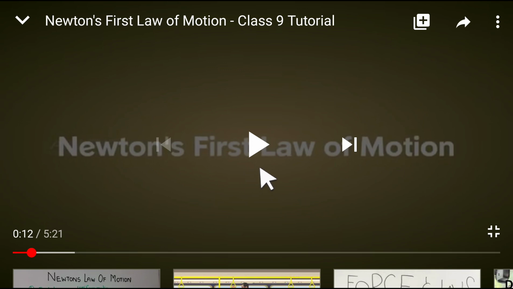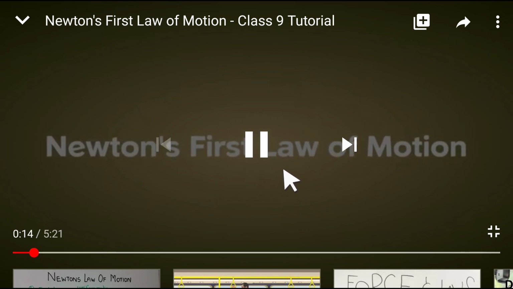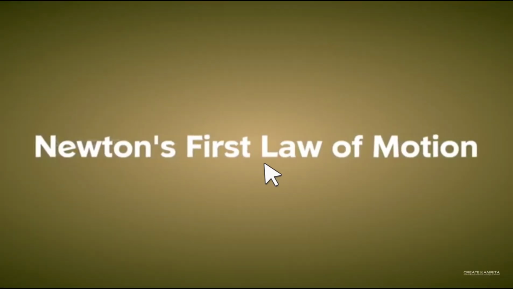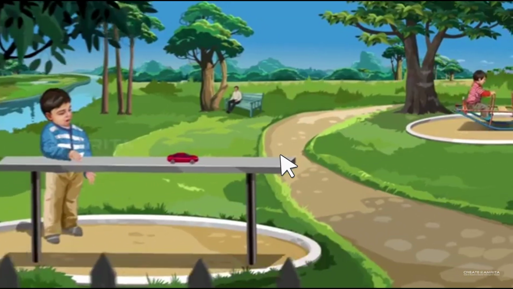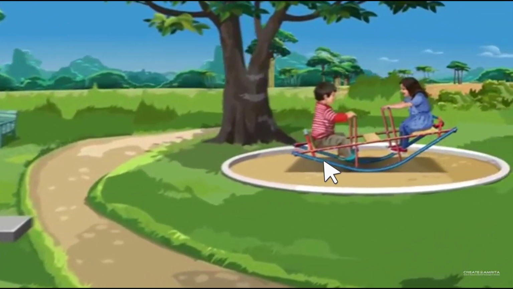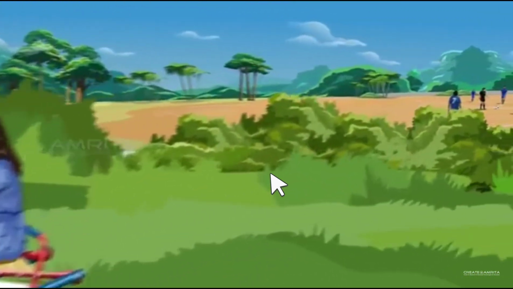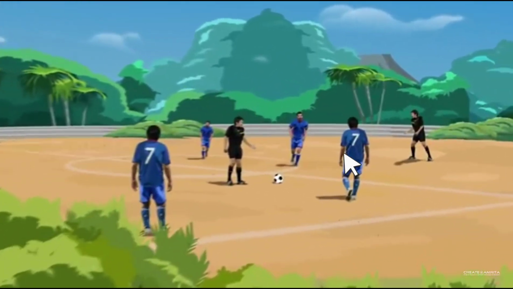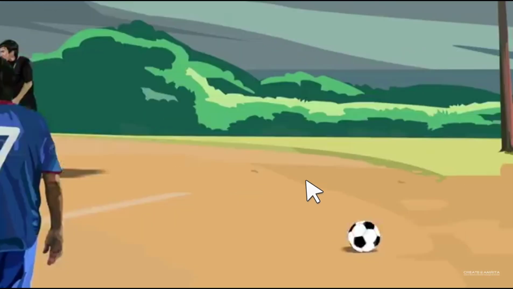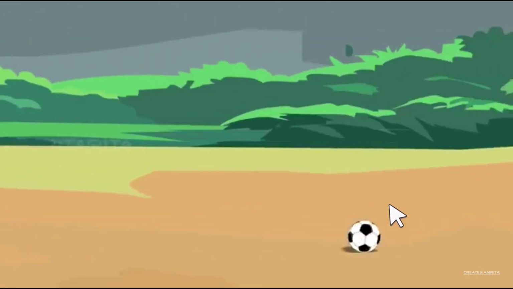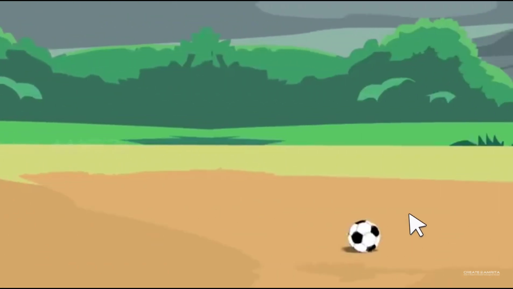Newton's first law of motion. What we must know is that whenever an object is in motion in our day to day life, say for example, when a football is being kicked, does it keep on going continuously?